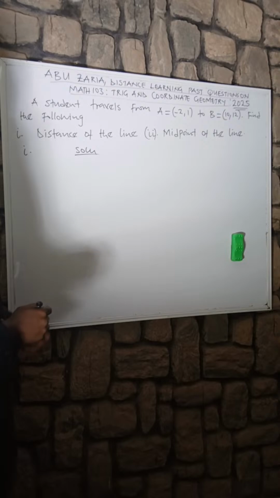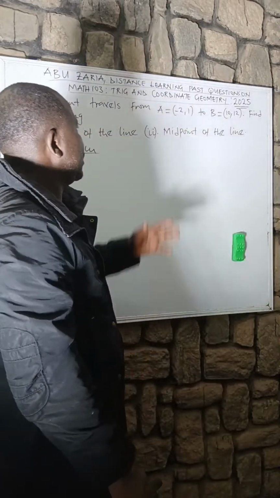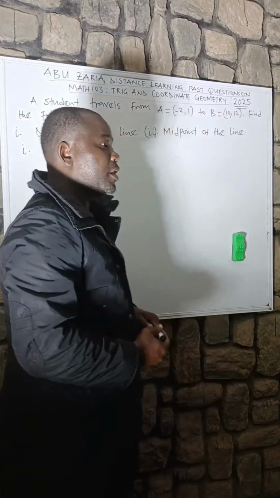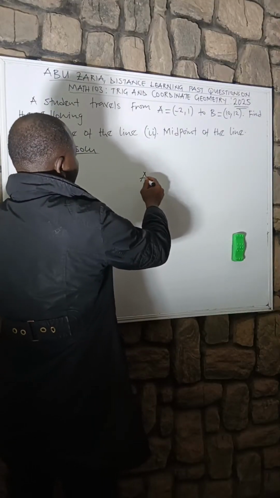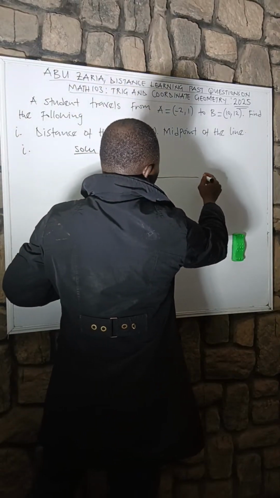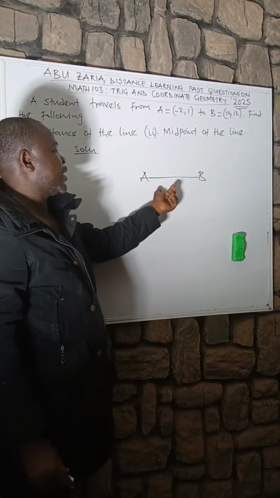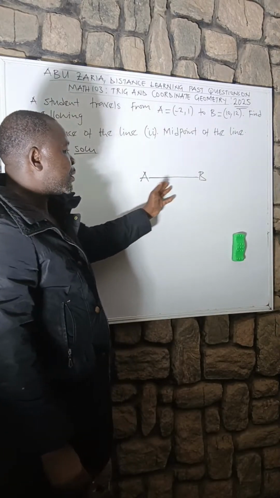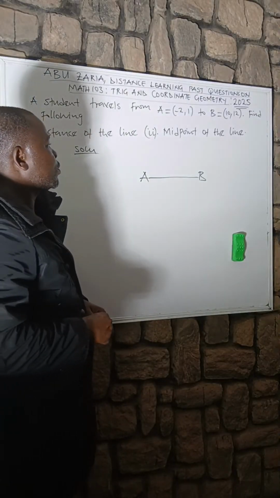When they are talking about distance, you don't need a prophet to tell you. This is point A, this is point B. Assuming this is point A, the student travels from this point to point B, so they are asking for the distance between A and B, the distance the student covers.